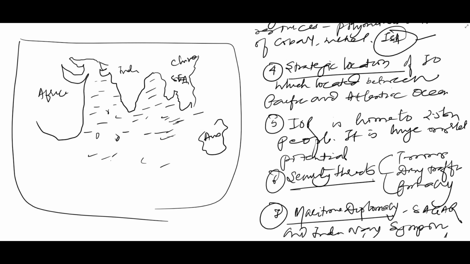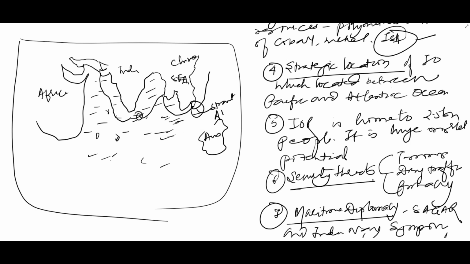Here you can say the important sea lines of communication. You can draw some sea lines of communication like this. This is Sri Lanka. Here will be the Strait of Malacca.